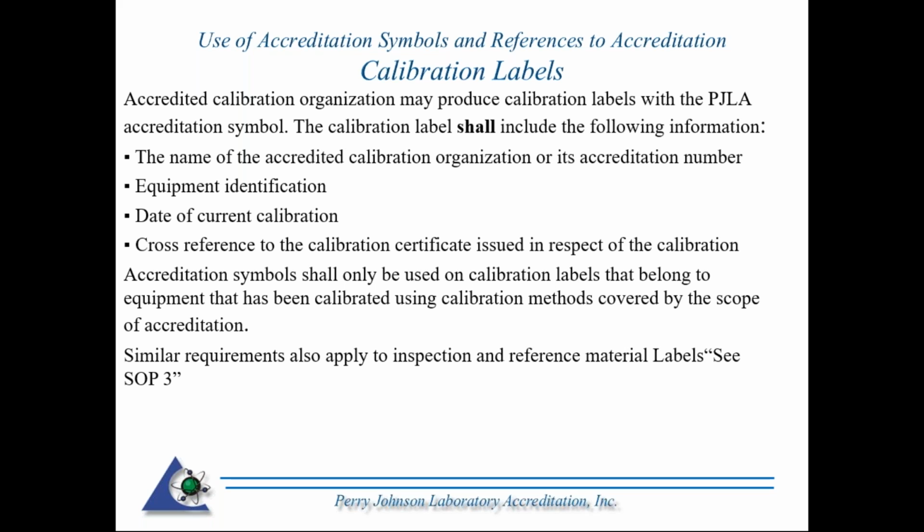The equipment identification. So you have to have unique identifiers for your equipment. That unique identifier would need to be on there. Date of the current calibration. So in other words, the date of test or date of calibration, when it was performed. And you have to be able to cross-reference to the calibration certificate issued in respect to the calibration.